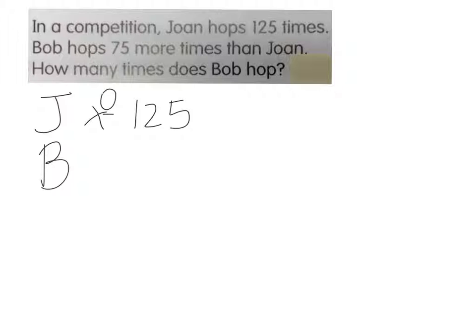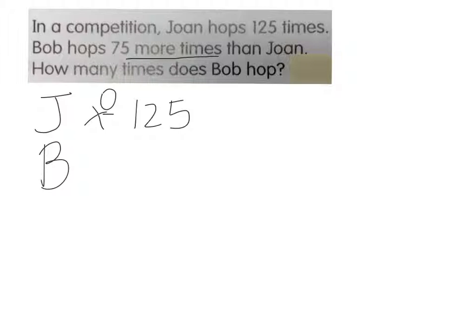What does Bob do? Don't think about the numbers yet either, because I know we wrote 125. But what does Bob do? He hops 75 times. Okay, but without the numbers. Let's look at it again. In a competition, Joan hops sometimes. Bob hops more times.